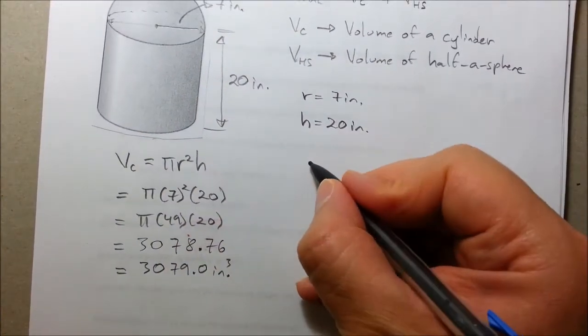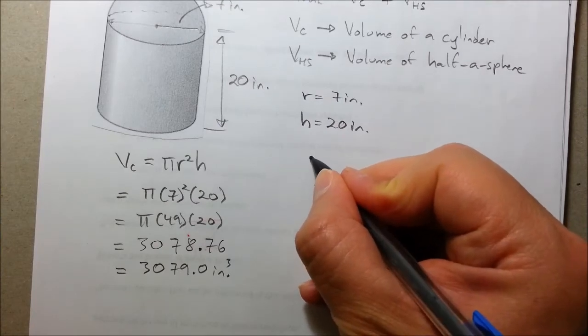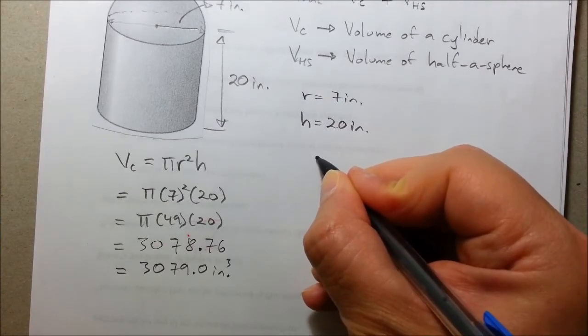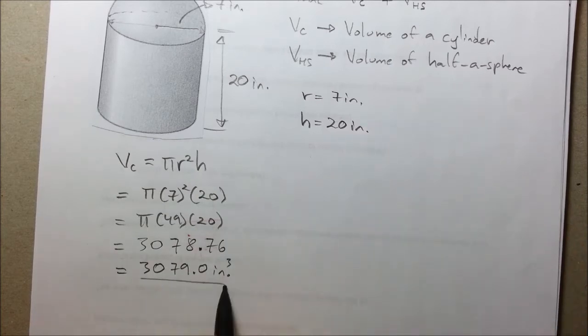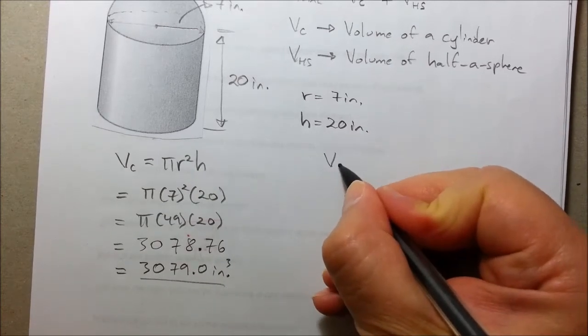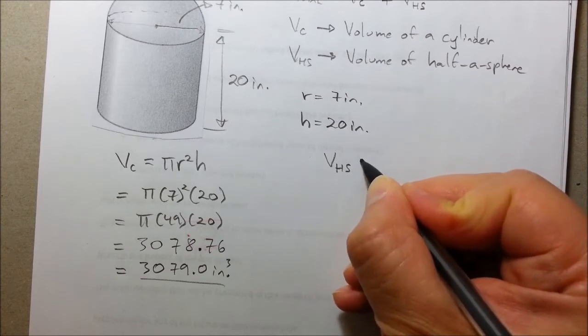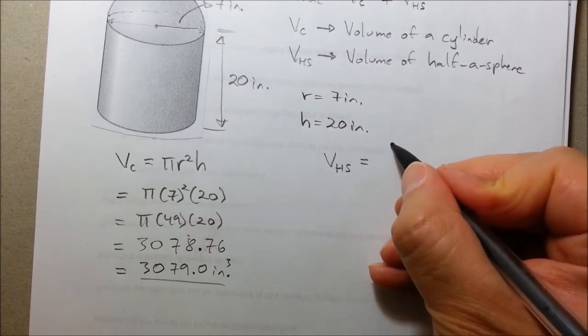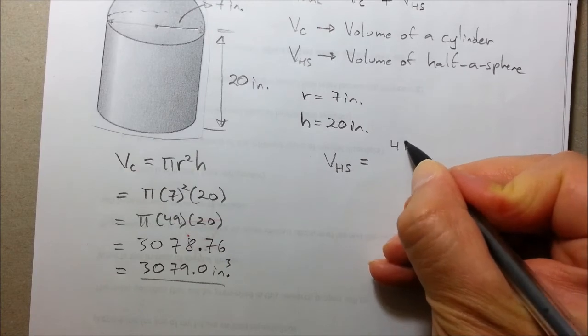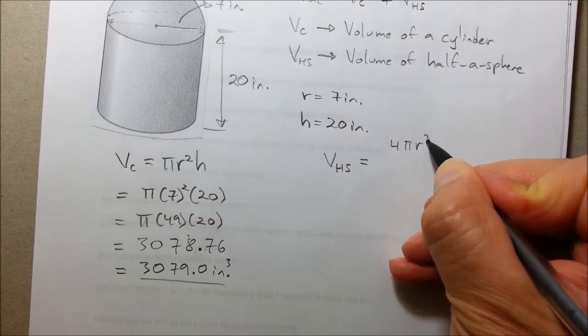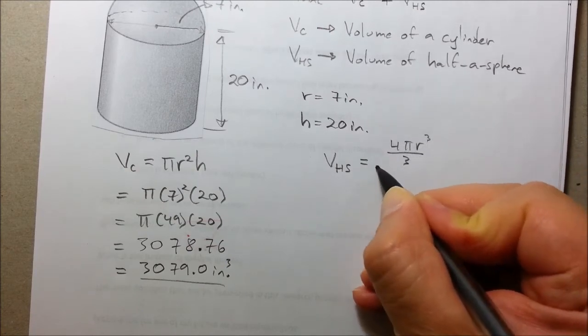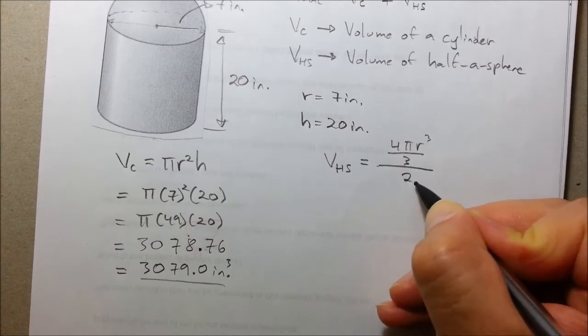And now let's find the formula for half a sphere. We need to develop it a little bit. The volume of the half a sphere, HS, is equal to, we're going to take the formula for a sphere, 4 pi r cubed divided by 3, and then divide that by 2.